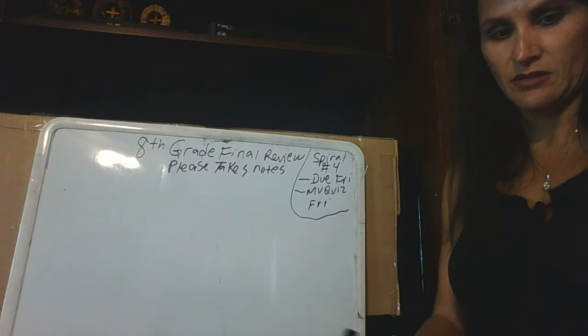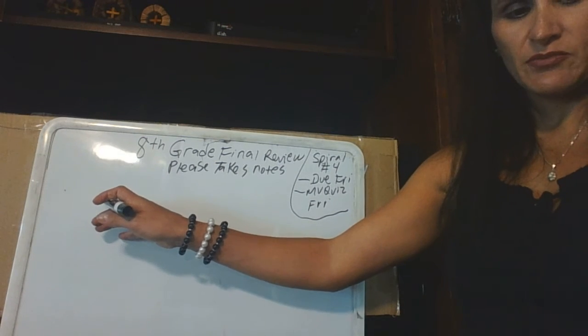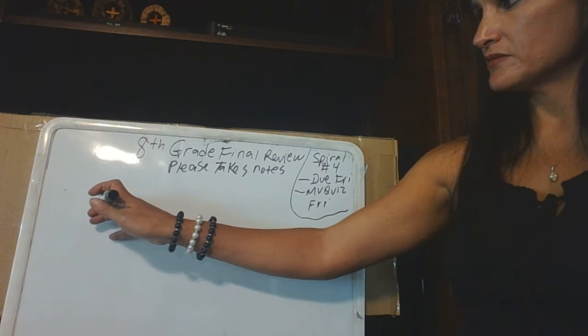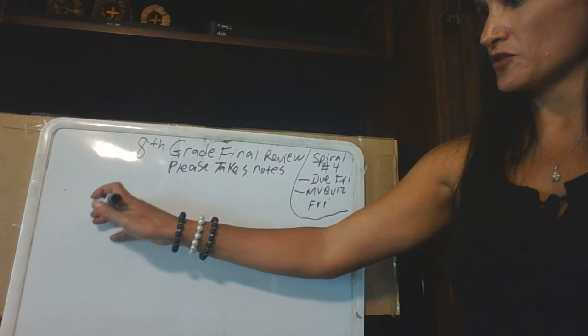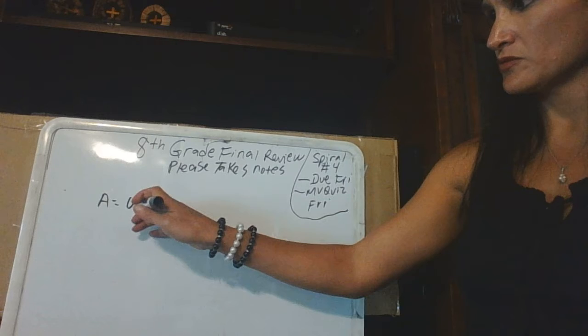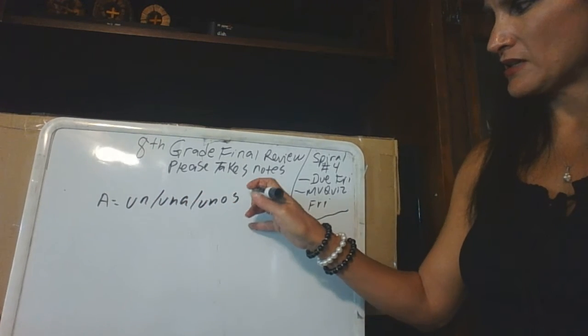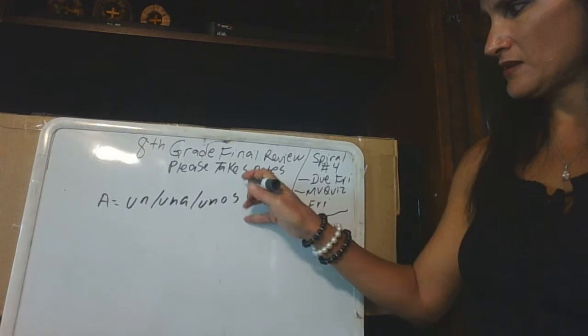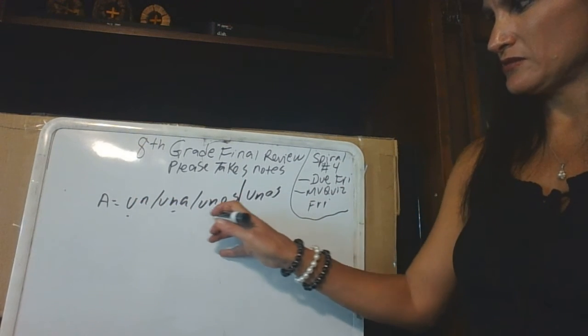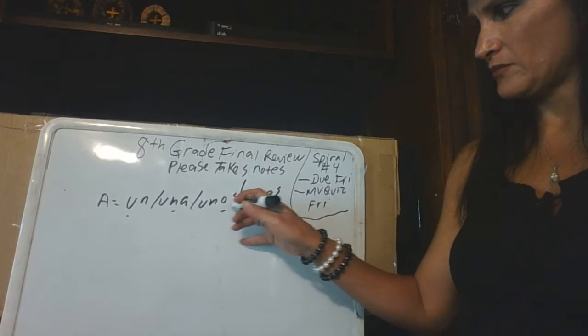So please take notes. You're going to need to know the article, the translation for the word a in Spanish, which is un, una, unos, unas. Okay, male, female, plural male, plural female.